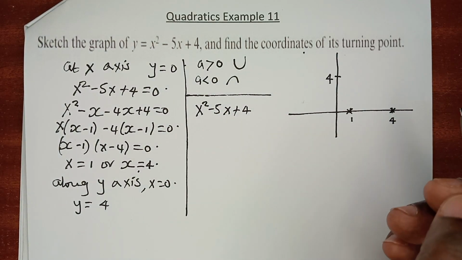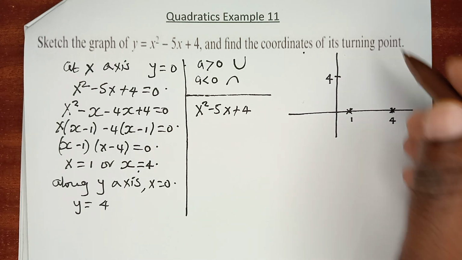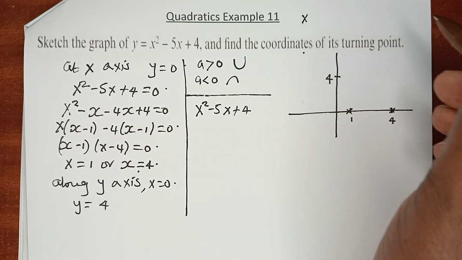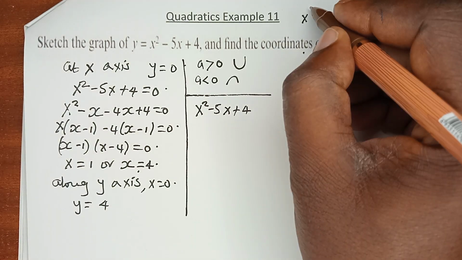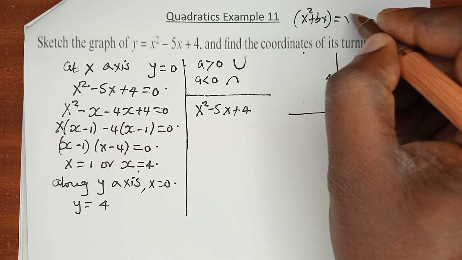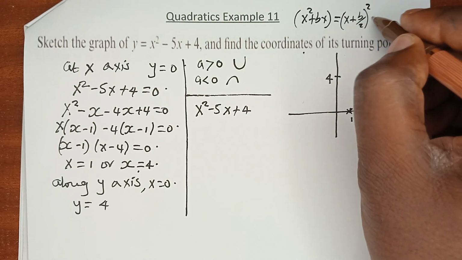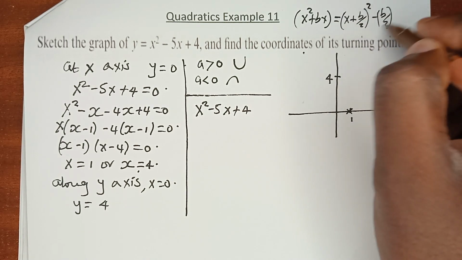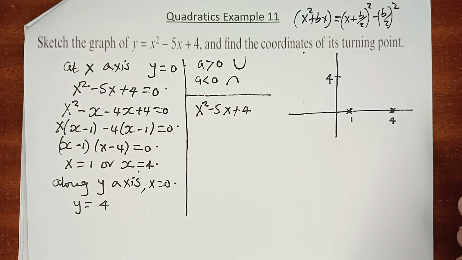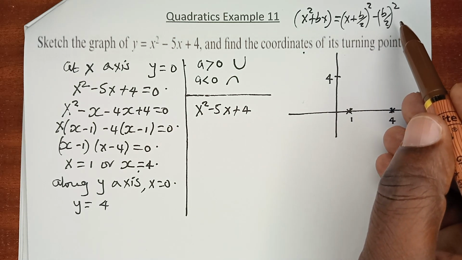Completing the square, we know that when we have x squared plus bx, we have x plus b over 2 squared minus b over 2 squared. Now we have our p and our q.